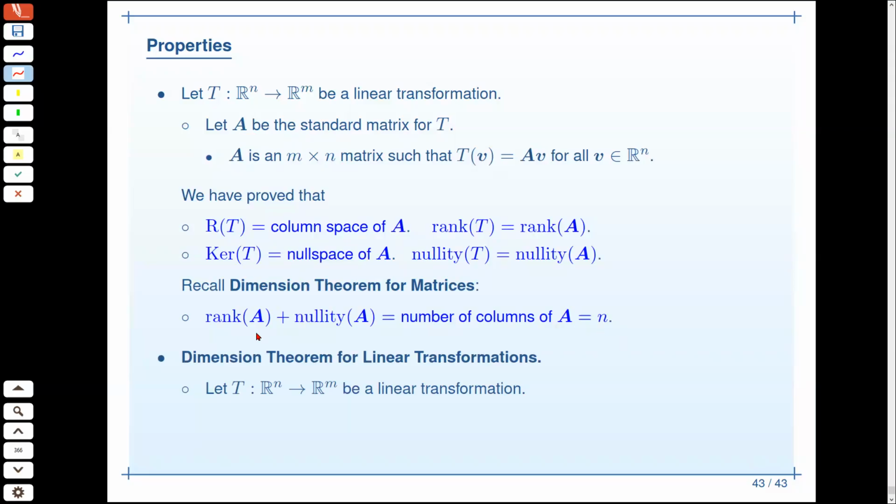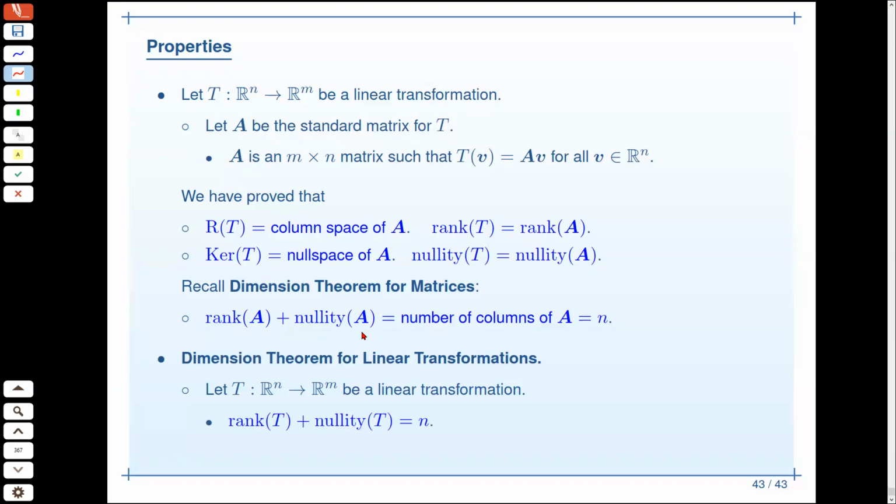The rank of T is the rank of A, the nullity of T is the nullity of A. So we see the rank of T plus the nullity of T equals n, where n is the dimension of the domain. So now you can see we link the linear transformation to matrices. Of course, this is just a linear transformation between Euclidean spaces. In the future, you may need to study linear transformations between non-Euclidean spaces. Then the working will be more complicated.